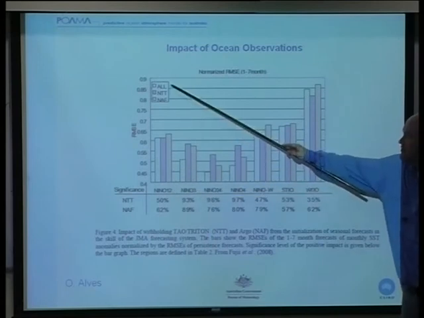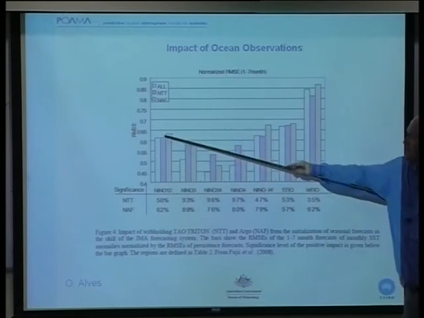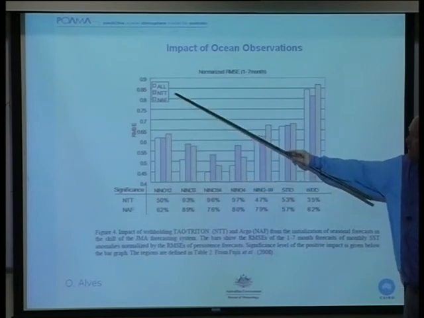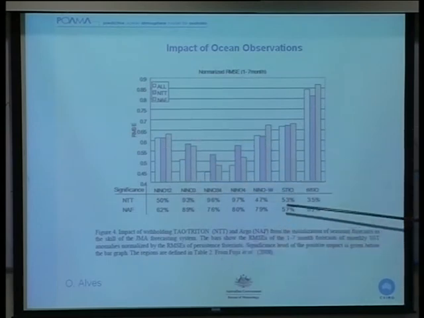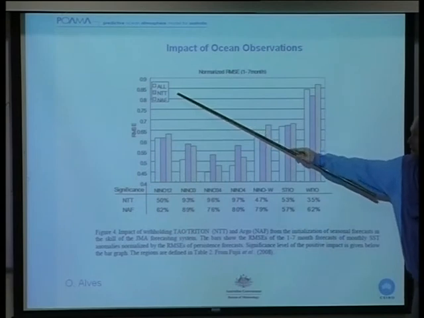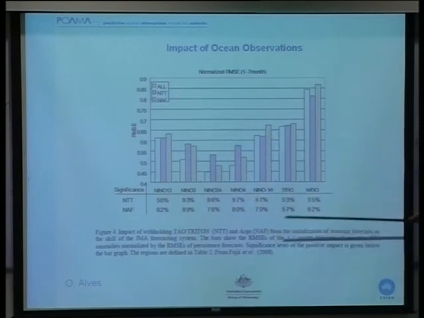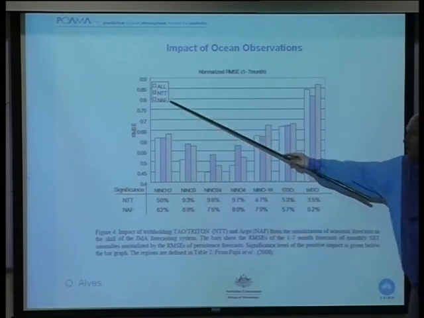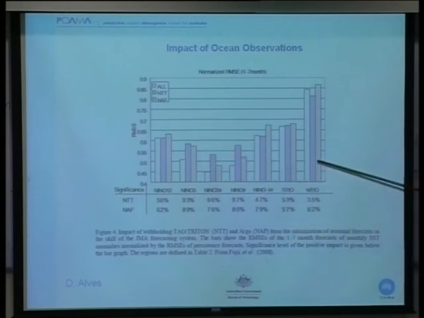So the value of the root mean square error for using all the observational data is white. If we take out the TAO/Triton array, then it's blue or purple, and if we take out the Argo, then it's orange. And so what you see is that generally speaking, the white bar is lowest, but it's not always true, right?